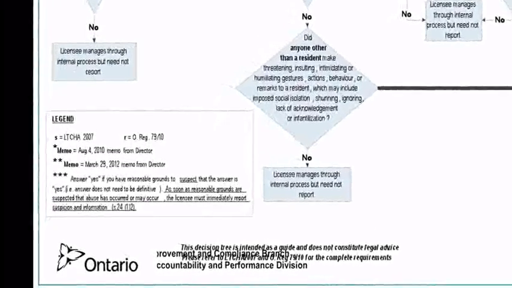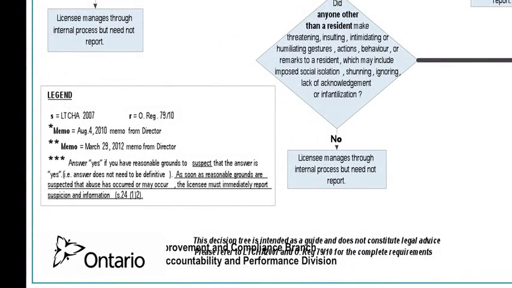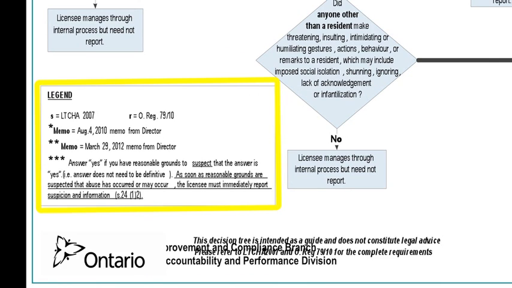You will also see that in every one of the decision trees there's a legend at the bottom, and the legend always keeps the reference to the legislation and the memos that were in the package to direct people back. And this is a really important point, and our legal team worked with us to have the exact right wording of this, and we hope we got pretty close: as people go through the chart, answers do not have to be definitive.